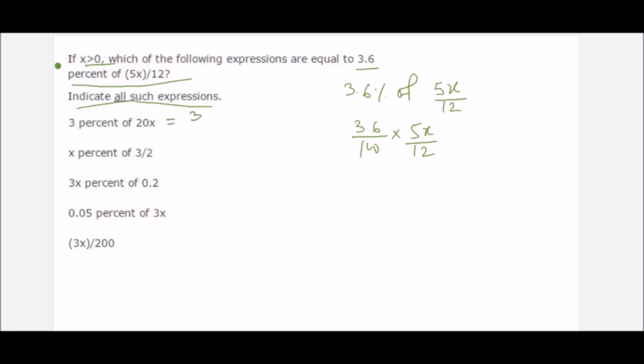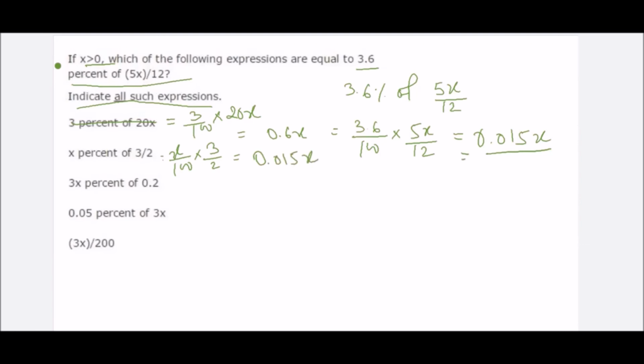Here 3% of 20x. So make it more simple here. Here it is 0.015x. It will become 0.6x. So it's not equal. So this is not valid. Second, see here the x percent. X divided by 100 divided by 2, it will become 0.015x.